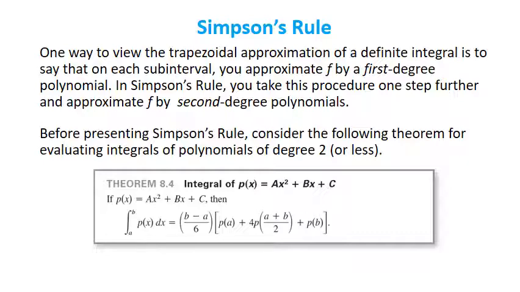It's a little more advanced, and you can approximate by second degree polynomials. I'll let you pause this and read through a couple different things. Again, I'm just going to skim through how it is derived and show you some examples of how to use it.